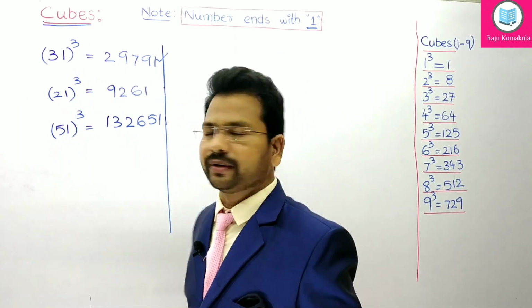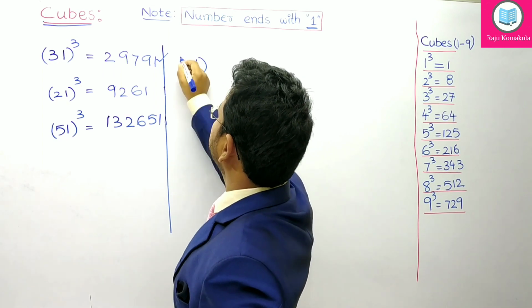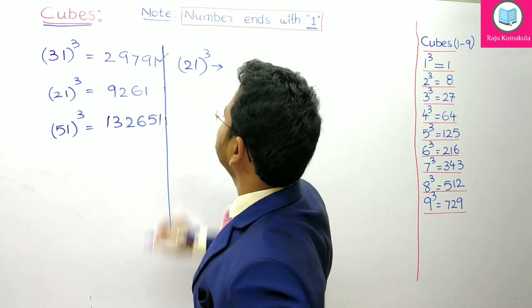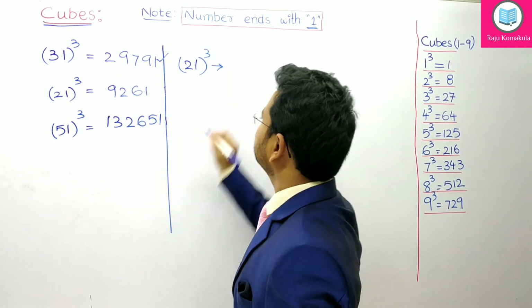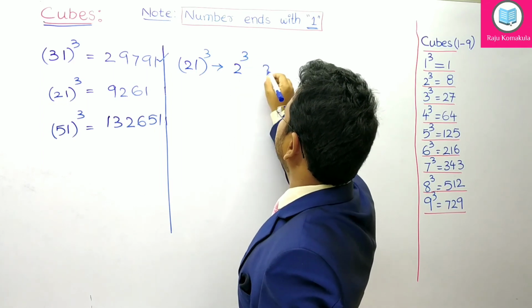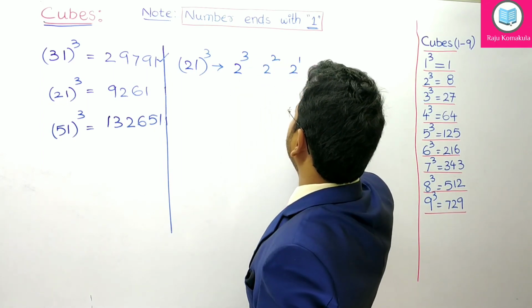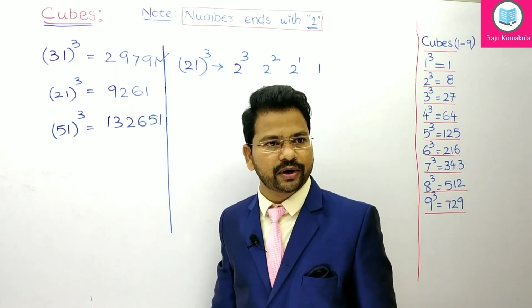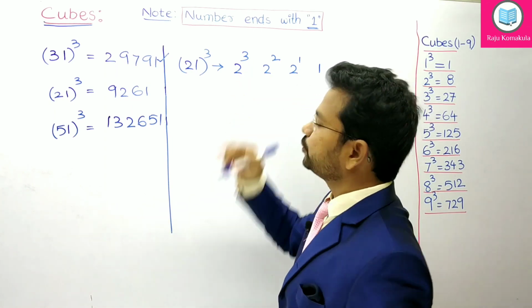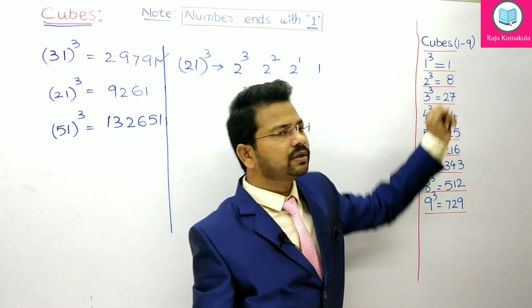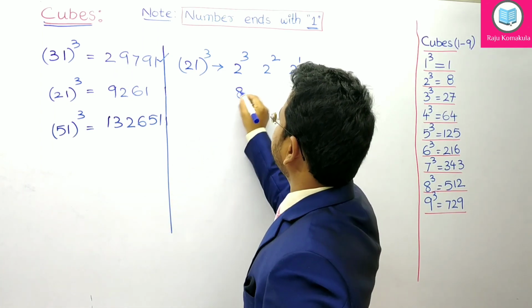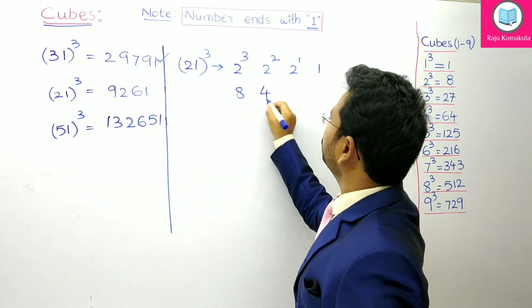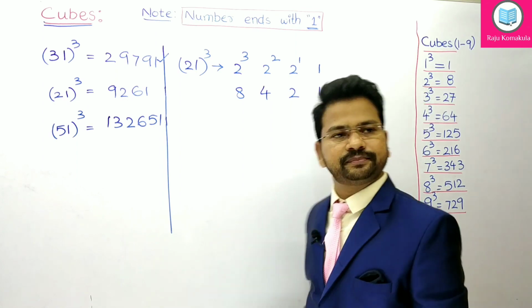Cube of 21. 21 cube. Now you get 2 cube, 2 square, 2 power 1, and 1 as it is. In this step, 2 cube is equal to 8. I am writing 8, 4, 2, 1.